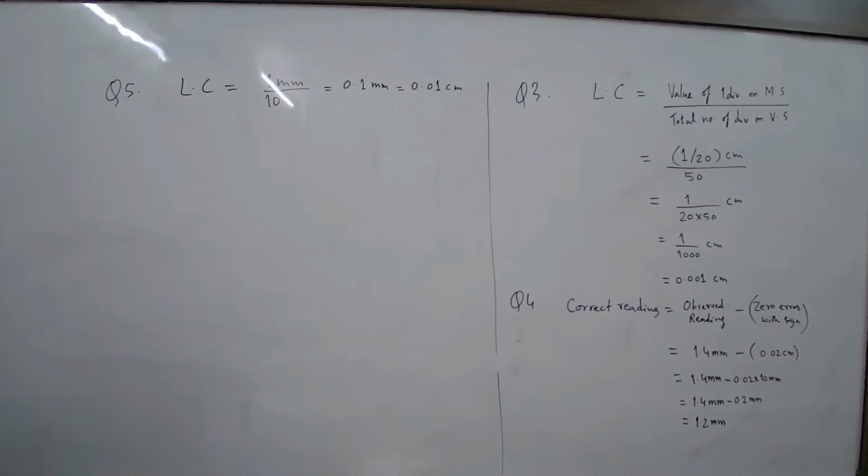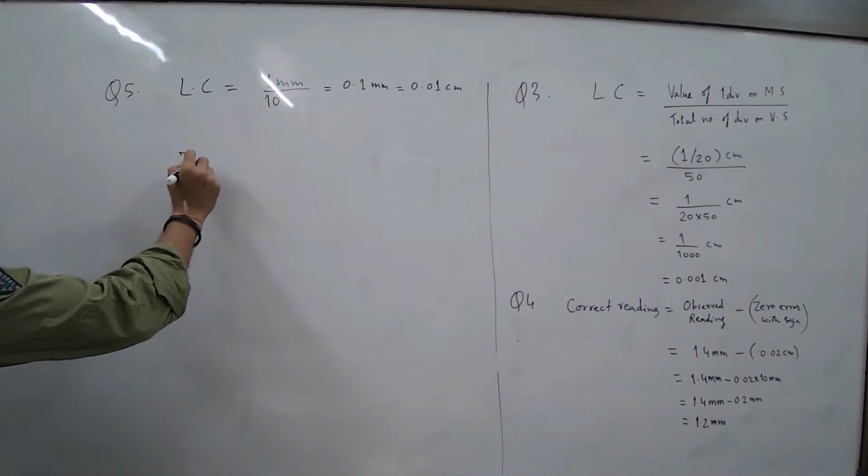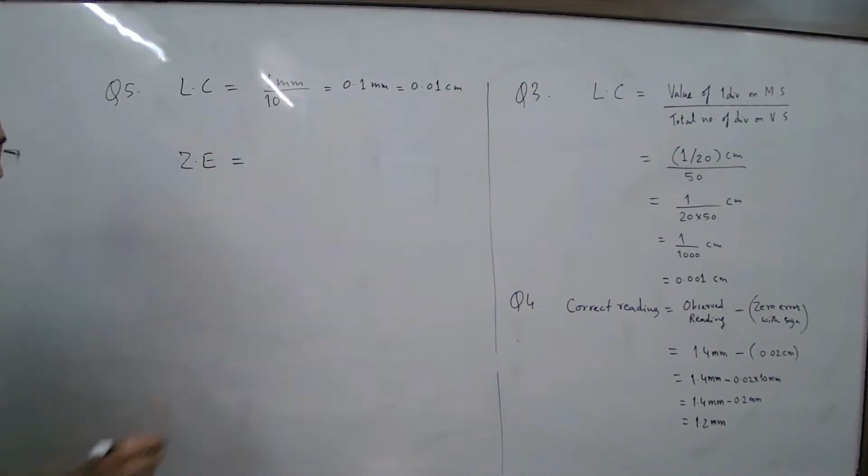Now you have to find the zero error of the vernier calipers. What is the zero error? It is written that when two jaws are in contact, the zero of the vernier scale is ahead of the zero of the main scale. So is it a positive or negative error?